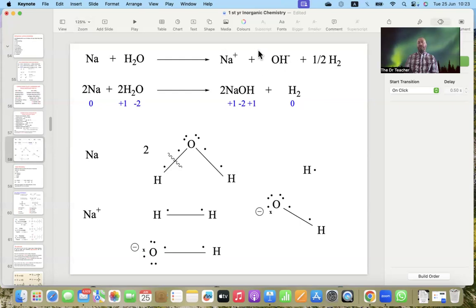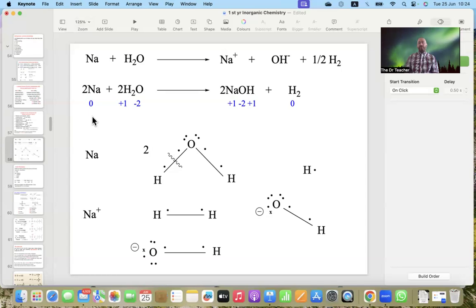So the hydroxide will react with the sodium, give the electron to hydroxide, and then it will become sodium hydroxide, stable, and hydrogen gas. Okay, the hydrogen gas is zero charged. Why? Because it is stable. Two hydrogens, one shares the electron with the other one. Both of them are stable, zero charged.